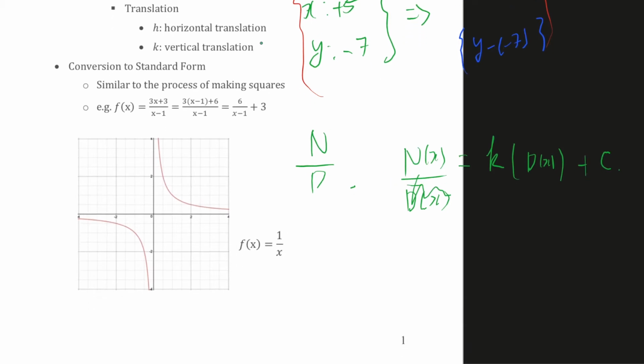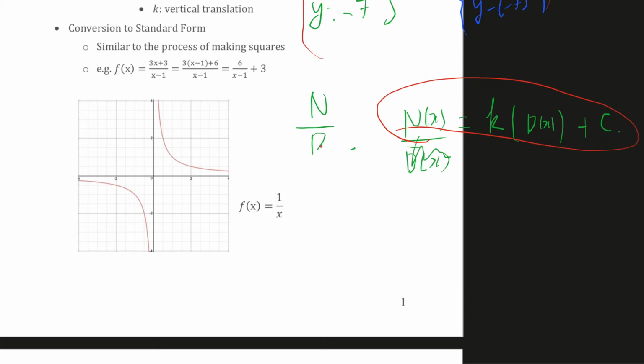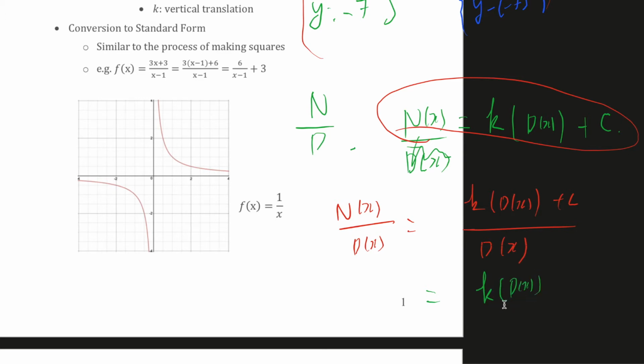And if you put this value of n of x back into this fraction, it's going to be n of x over d of x being equal to k d of x plus c over d of x. And it's obvious that you can always separate the fraction when there's addition in the numerator. So it's going to be k d of x over d of x plus c over d of x.